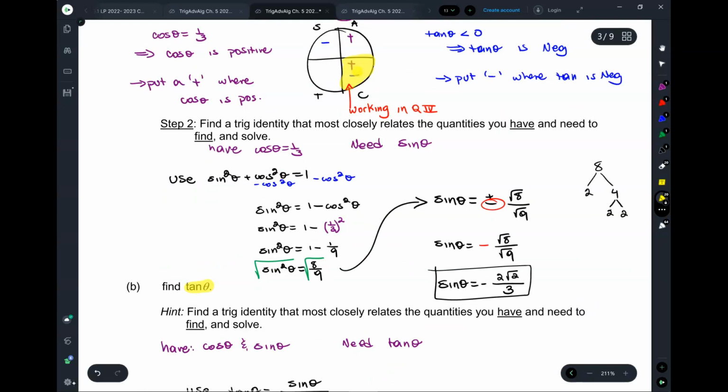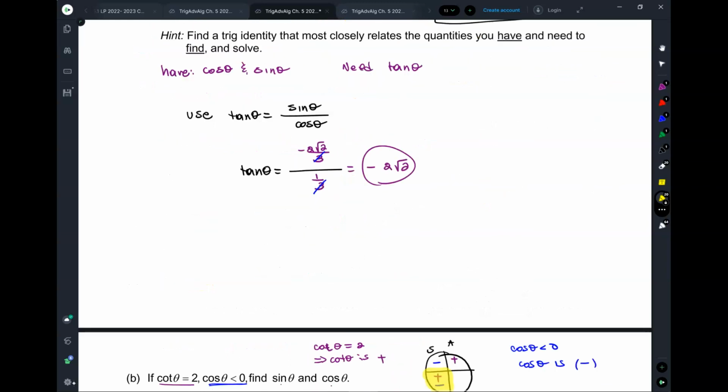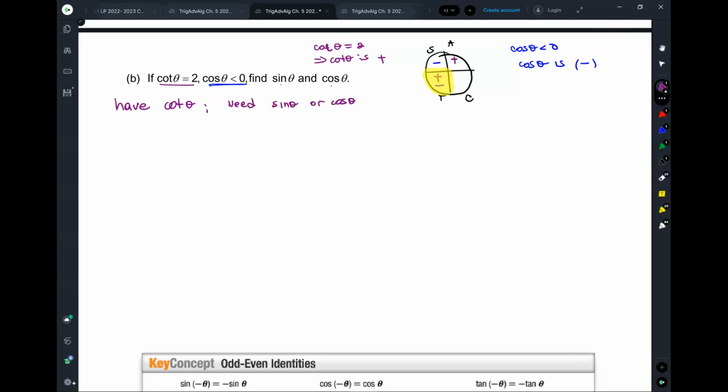Okay, next step, find the trig identity that relates what you have to what you need. I have cotangent theta. I need sine or cosine. Those we're going to need the Pythagorean identities for, right?